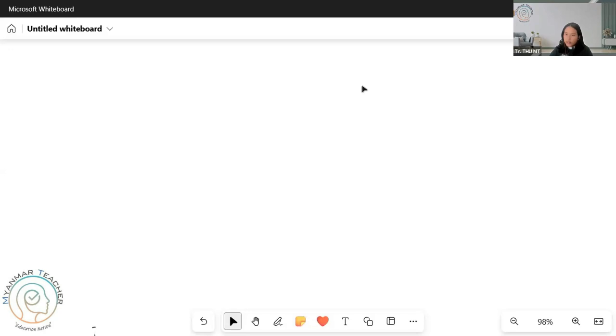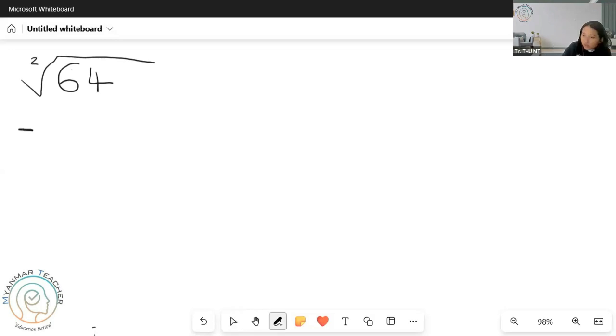We're going to find the square root of, let's say, I don't want to make it too easy, 64. If you know your multiplication, it would be 8 times 8, so the square root would be 8. But if you didn't know your multiplication, factor trees are really helpful.